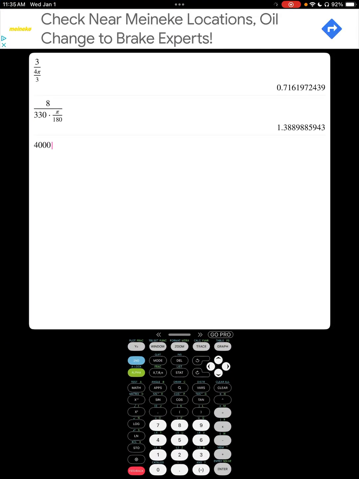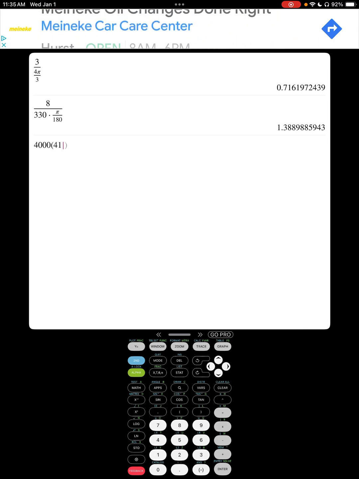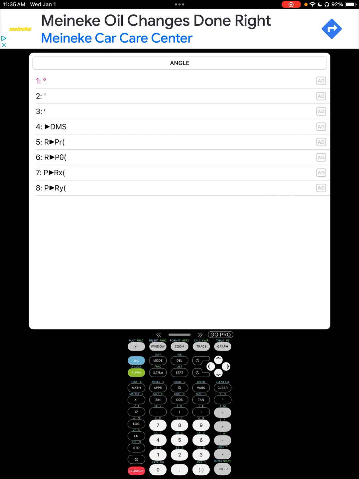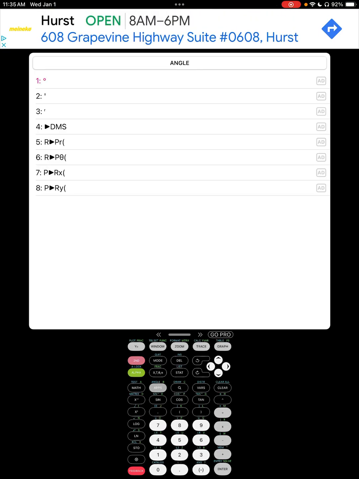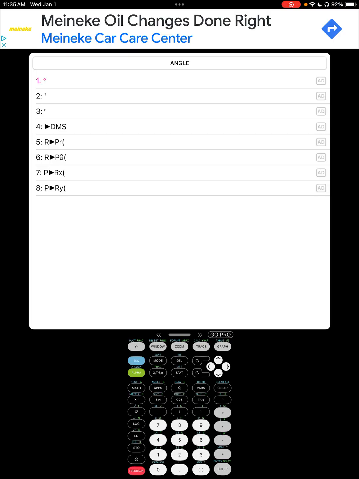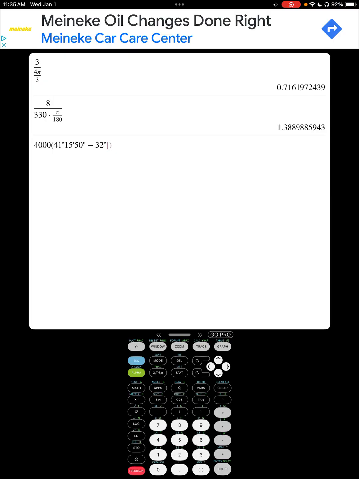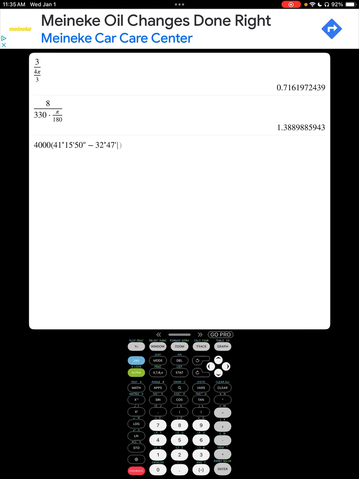So 4,000 times, we have 41. Remember the angle? Second apps, where you get the angle, degrees, 15 minutes, 50 seconds, remember it's the alpha plus, and then minus 32 degrees, 47 minutes, and 39 seconds.